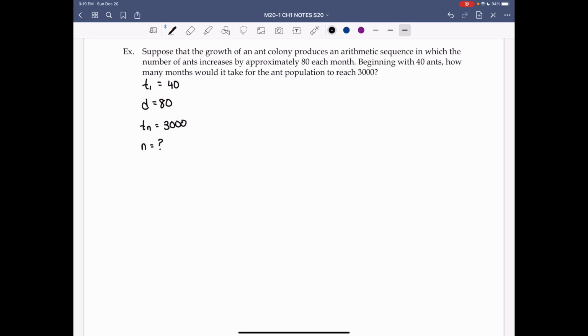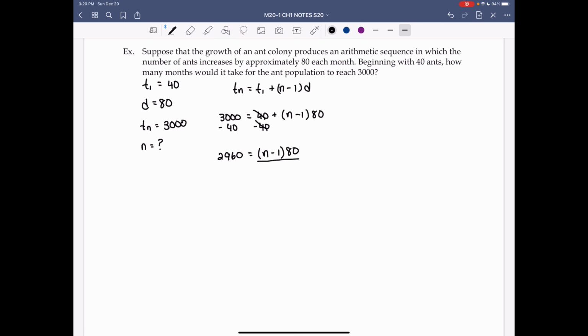Next, write our general term, Tn equals T1 plus n minus 1 times D, and then fill in what we know. Tn is 3,000 in this case, equals T1 is 40, plus we don't know n, and D is 80. Isolate the n, start by subtracting 40. We would get 2,960 equals 40 minus 40 is 0, so we have n minus 1 times 80.